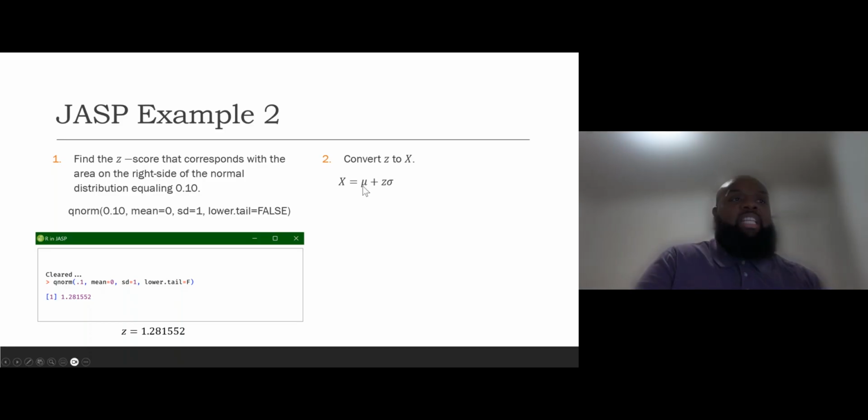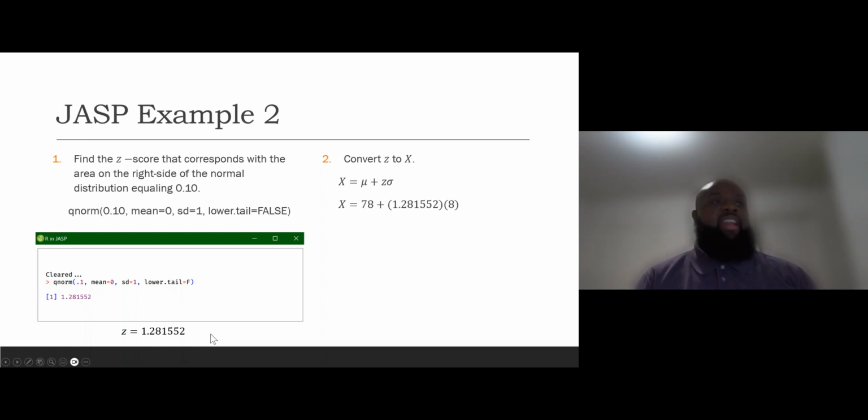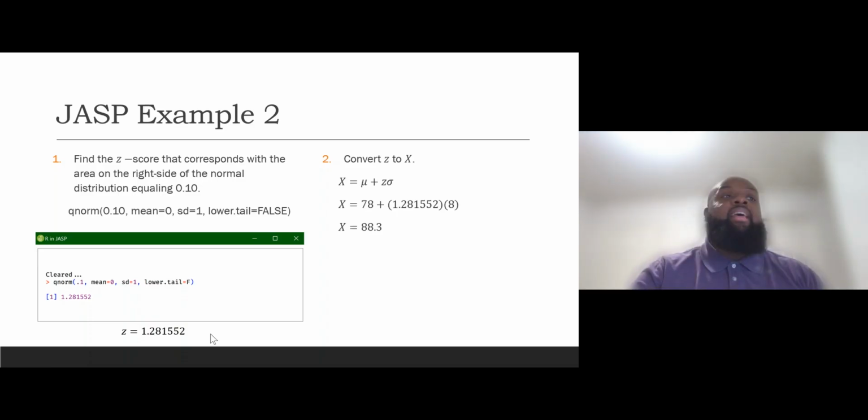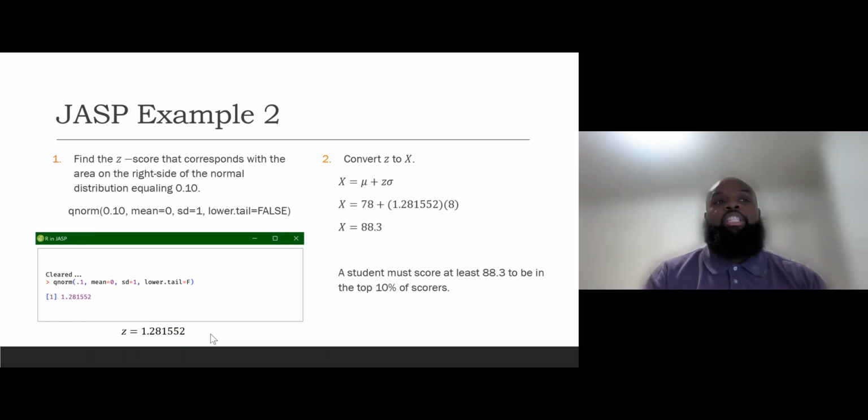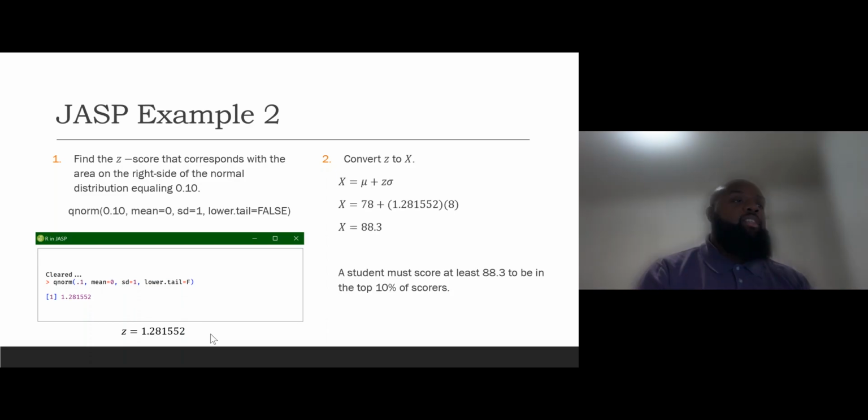Remember, our mean was 78, our standard deviation was 8, and we just found that Z value. You can put that in a calculator or in JASP, and you're going to see that you get approximately 88.3. So this means that a student needs to score at least 88.3 in order to be in the top 10% of scorers.